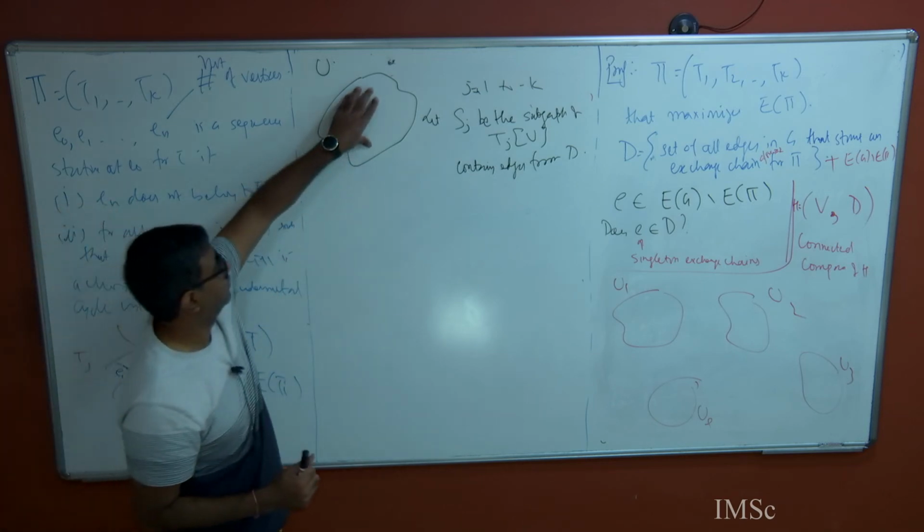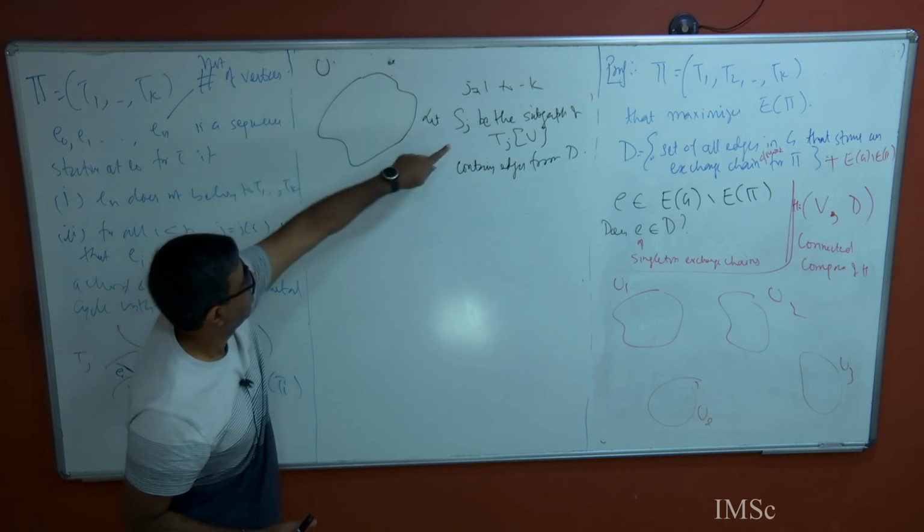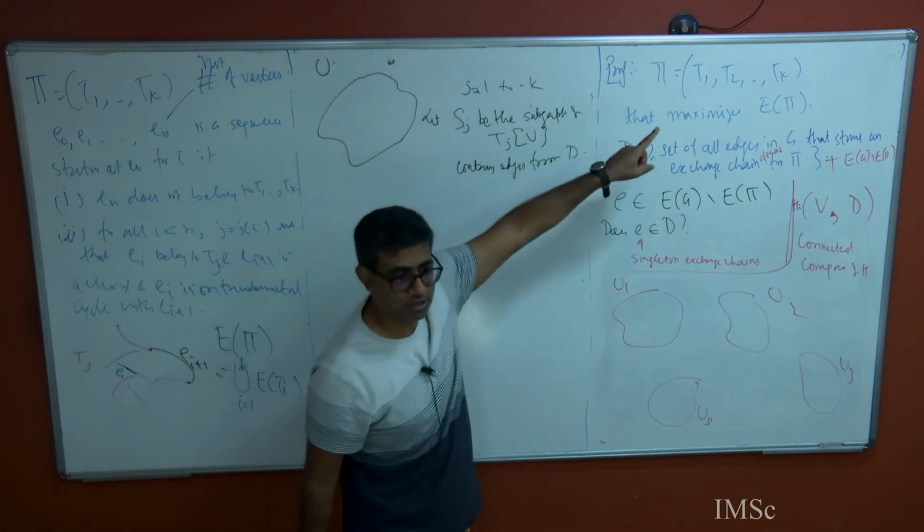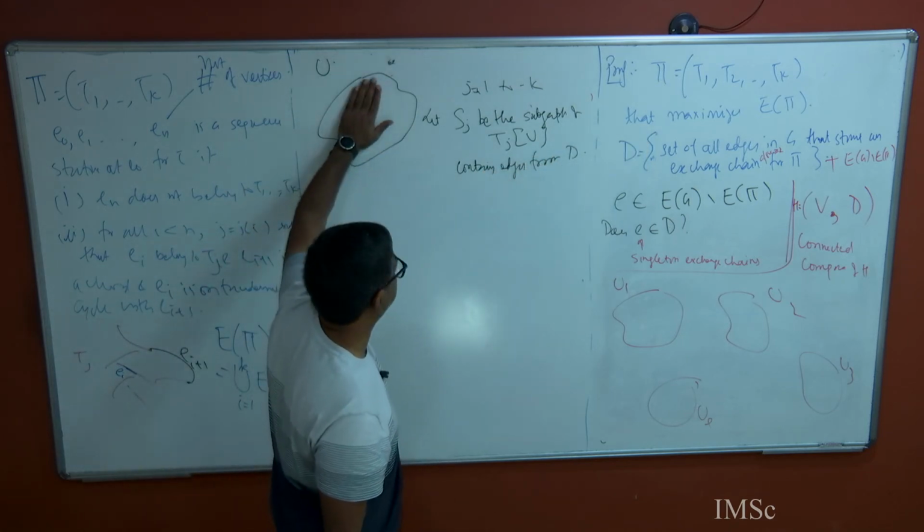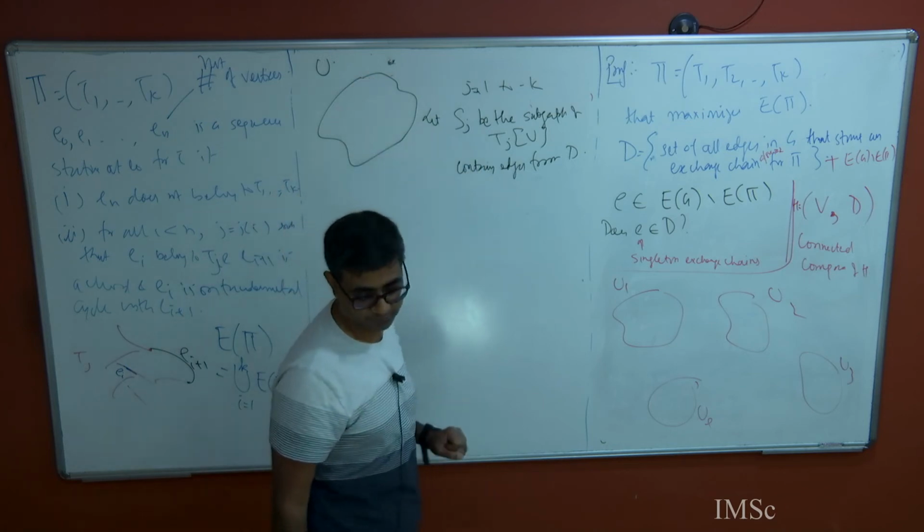Look at the jth tree and look at the edges that it contains from D, that is going to form Sj.